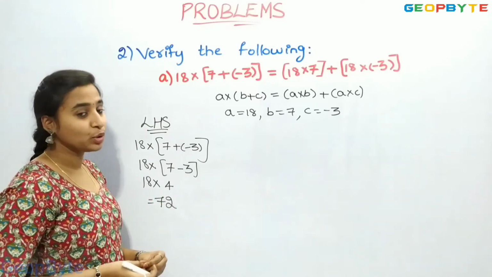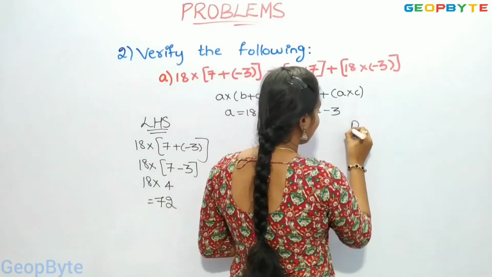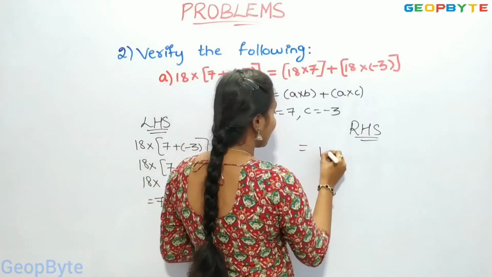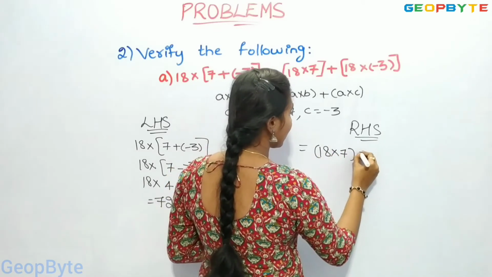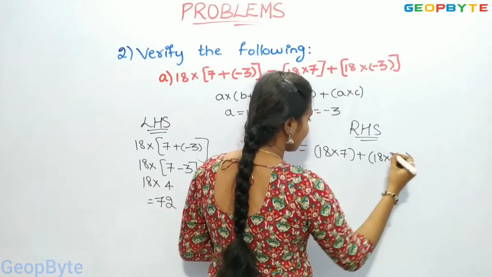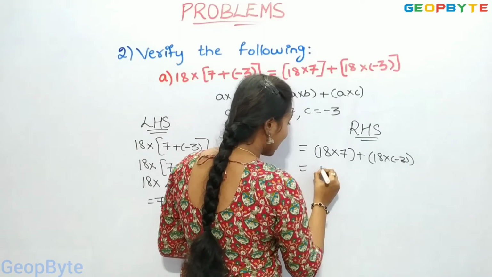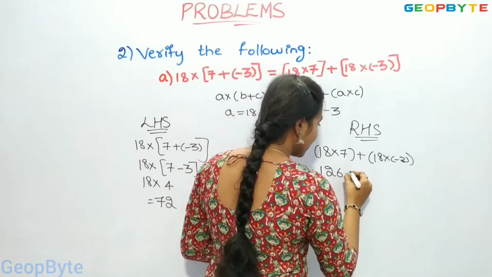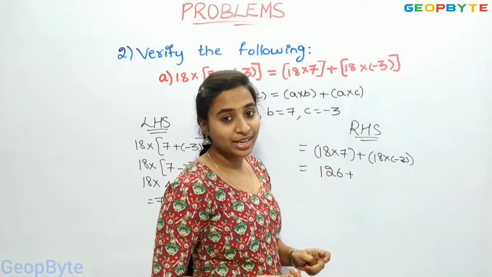Now, let us prove the RHS is equal to the LHS. First, let us solve the RHS. We have 18 into 7 plus 18 into minus 3. 18 into 7 is 126 and plus that is 18 into minus 3. We will get the answer in minus.